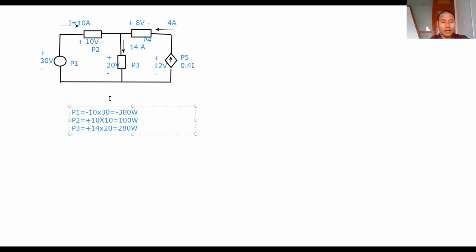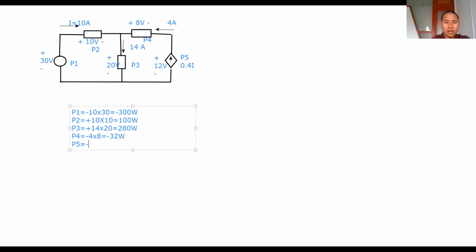For P4, in this branch the current is entering from minus to plus. So we have to give minus 4 ampere times 8 volt, which gives negative 32 watt. Similarly, you can calculate for the dependent branch. For P5, here is plus and here is negative, and in this direction it's entering from negative to plus.